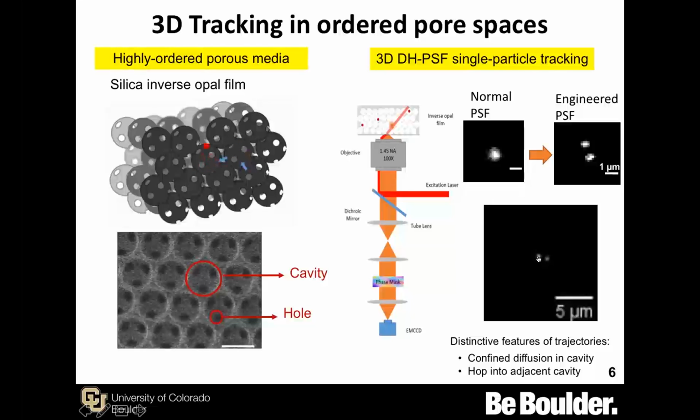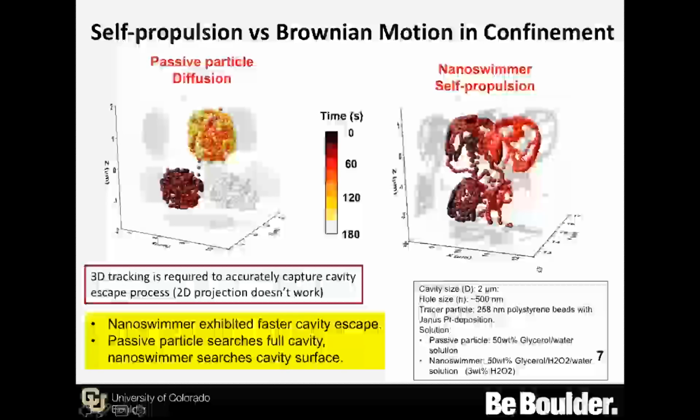One is fluctuating around a certain space, that is confined, and then suddenly it will move its angles or positions, and that is it hopping to the adjacent cavity. Therefore, with this experiment setup, we can very easily quantify the particle transport inside of this porous medium system.